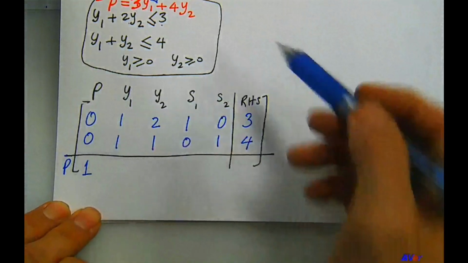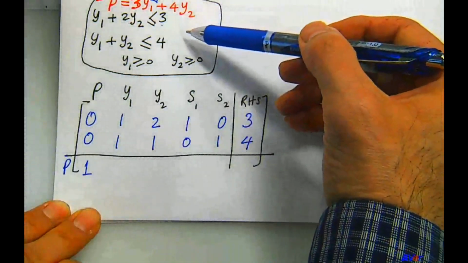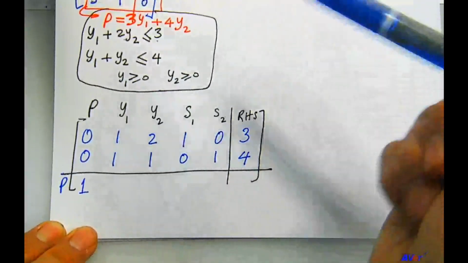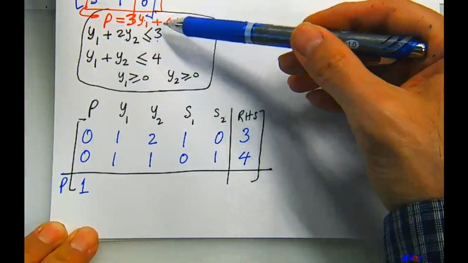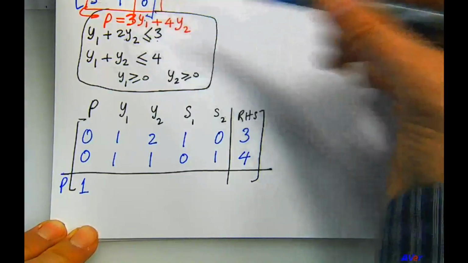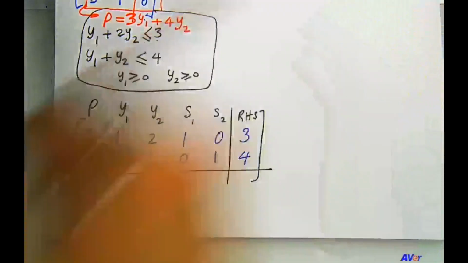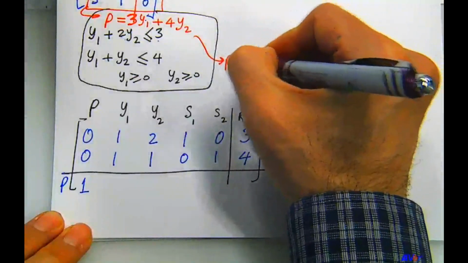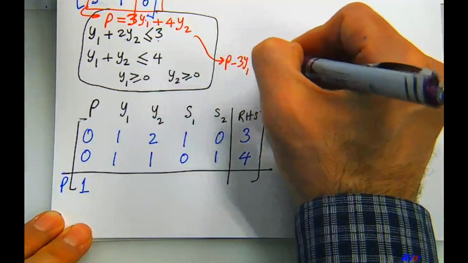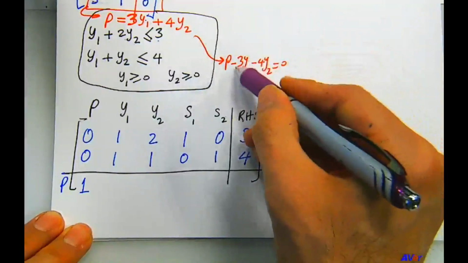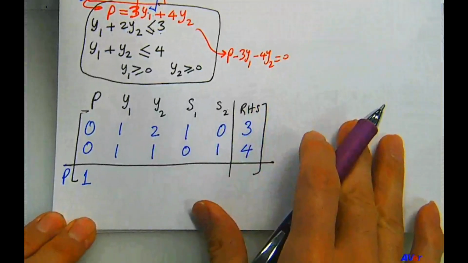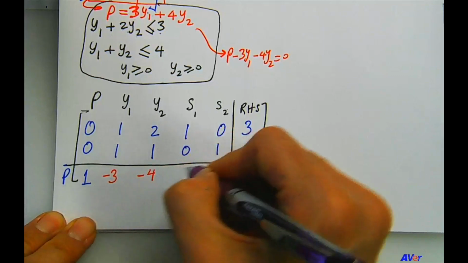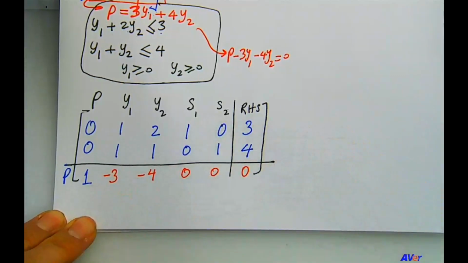And finally, since this is a maximum problem, remember, before we use the coefficients of the objective function, we need to rearrange these such that we have P minus 3y1 minus 4y2 equals 0. These are the coefficients that we are importing into this. So we have minus 3, minus 4, and 0 the rest of the way.